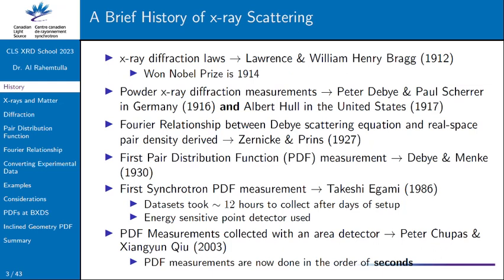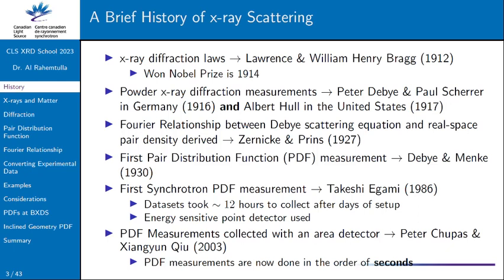And so at that point, pair distribution functions started taking off and being used, but it was a very niche method. But around the 90s, there was a big boom in nanomaterials and governments starting to push funding into research of nanostructures and nanomaterials. And nanoparticles were a really good candidate for pair distribution function techniques.